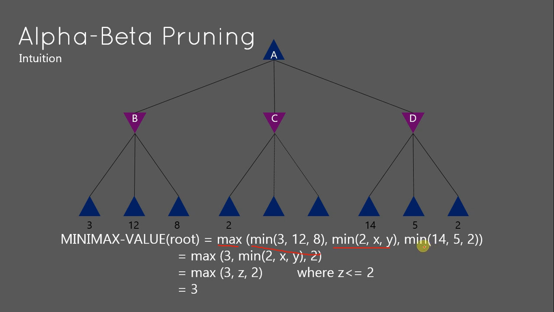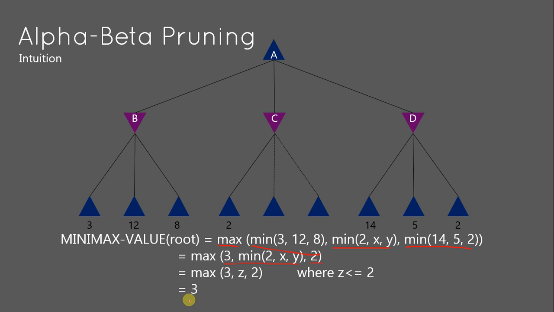The minimum of 3, 12, 8 is 3. The minimum of 2, x, y is 2. The minimum of 14, 5, and 2 is 2. So by intuition, we will know that the maximum will be 3.